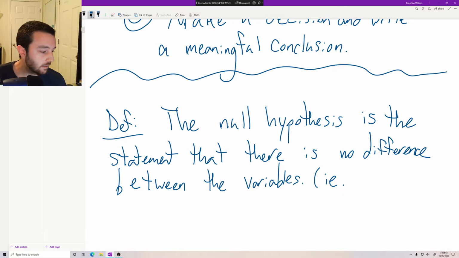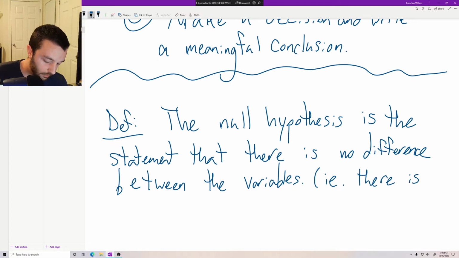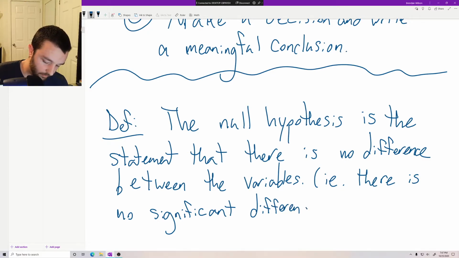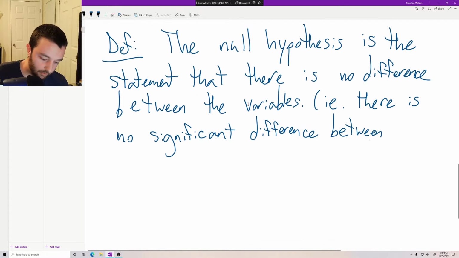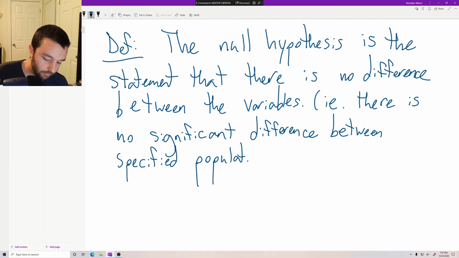What they really mean by that, this is the definition from Wikipedia, is that there is no significant difference between specified populations. Okay.